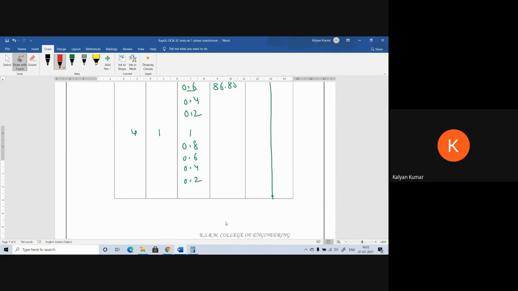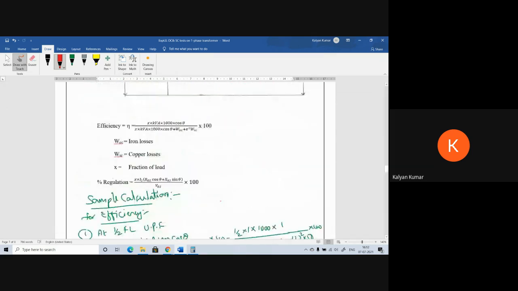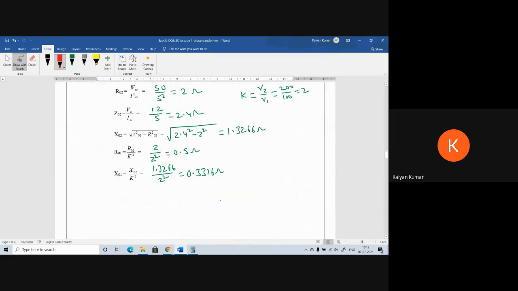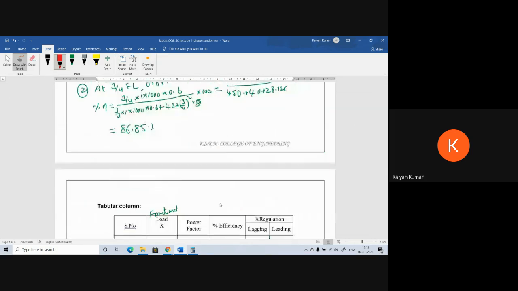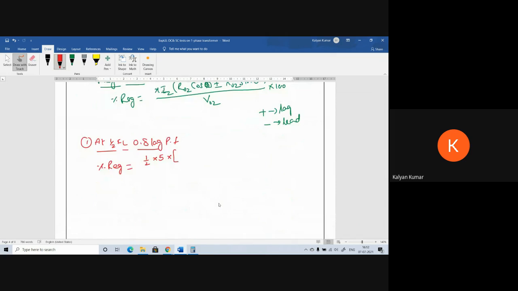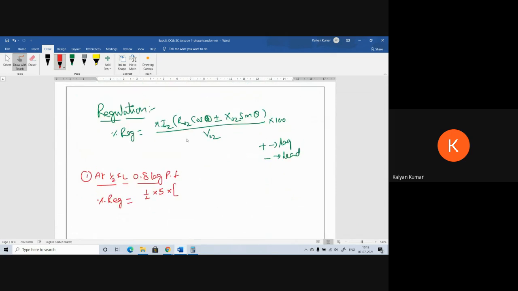R02 we got as 2, X02 is 1.3266. 2 into cos theta, which is 0.8.